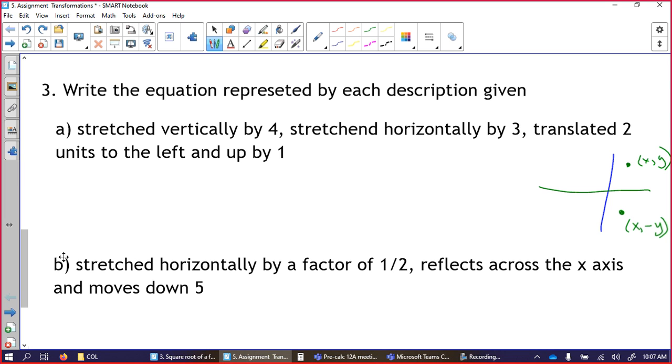So that's where you would see it in a mapping rule. If it's a reflection across an x-axis, it's kind of the opposite coordinate that changes. If this was reflected across the y-axis over here, the y coordinate stays the same and the x becomes negative.